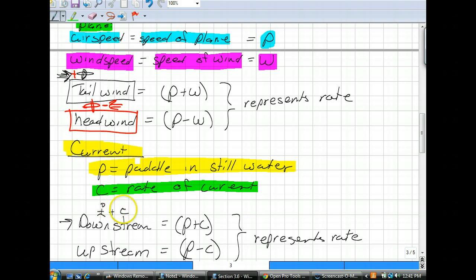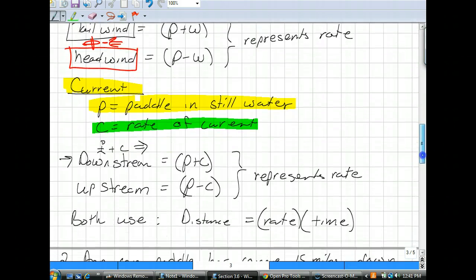So they're going faster. So that's a plus because you're adding to the rate. Okay. So P plus C represents the rate. And if you're going upstream, that means you're fighting the current. So you're rowing along, but the current is pushing against you, so that's slowing you down.